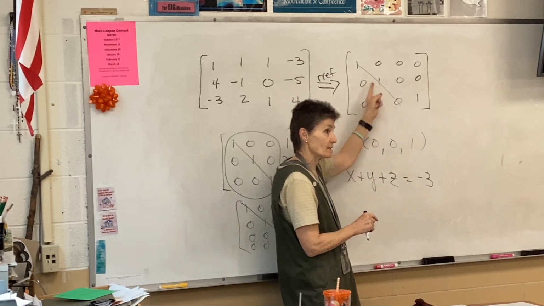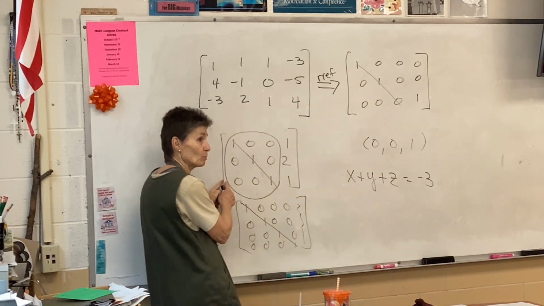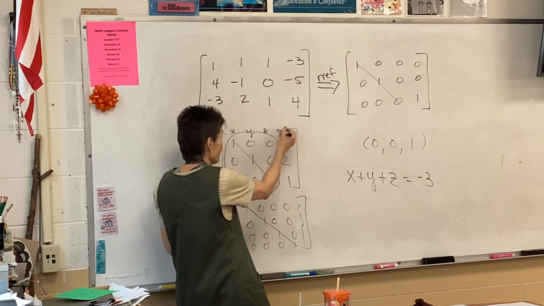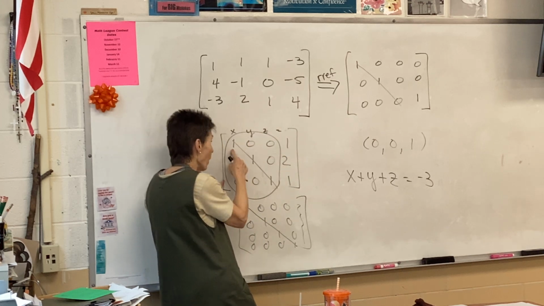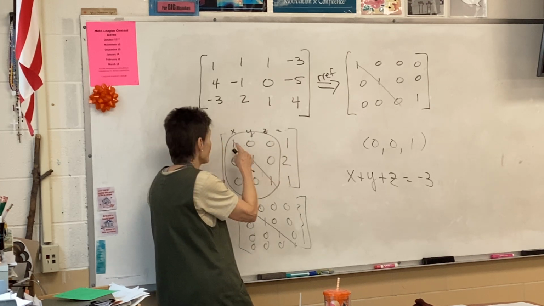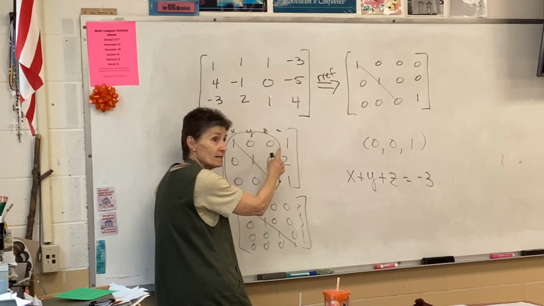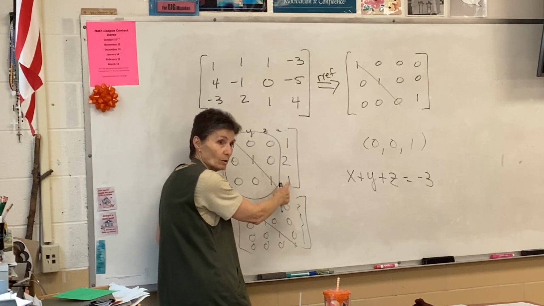This is the weirdness that's going on, back here in problem number 3. This top equation, remember, these are equations, literally says 1x, no y's, no z's, equals 1. So x equals 1, y equals 2, and z equals 3.